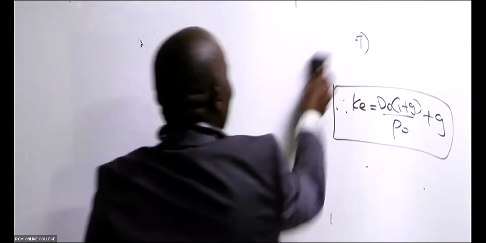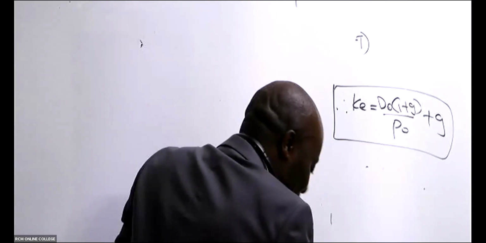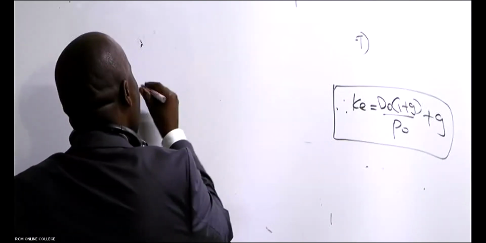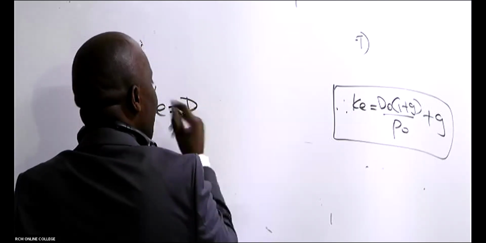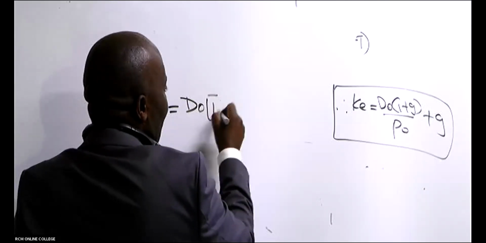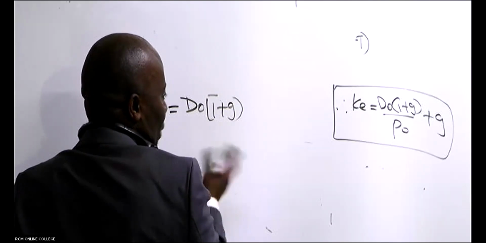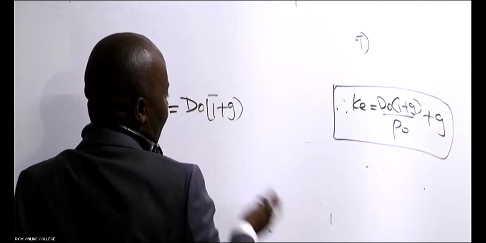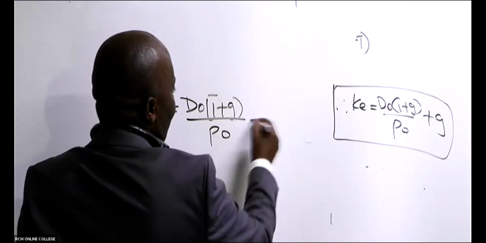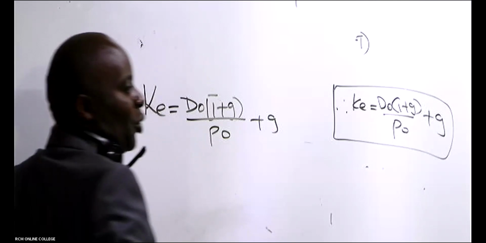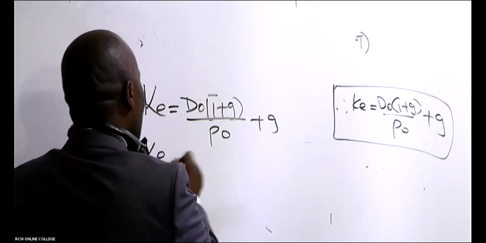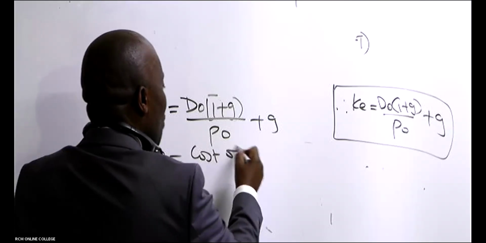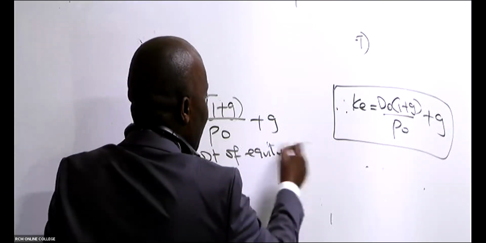So then we have here KE. I repeat again that our KE, which is cost of equity, will be equal to the dividends being paid. And these dividends must always keep on growing, not unless your company has a problem. All over PO plus G. So this KE is cost of equity.